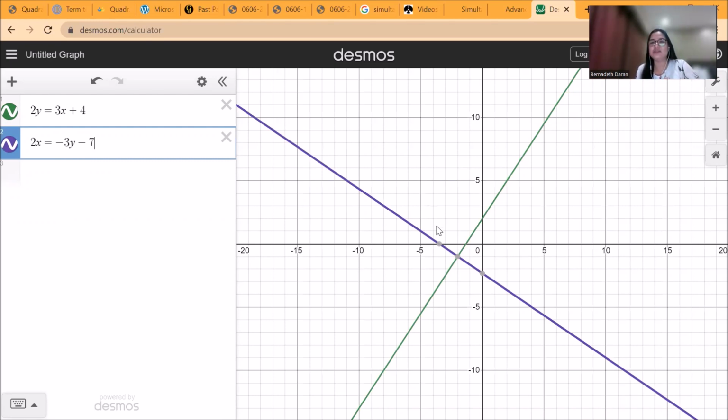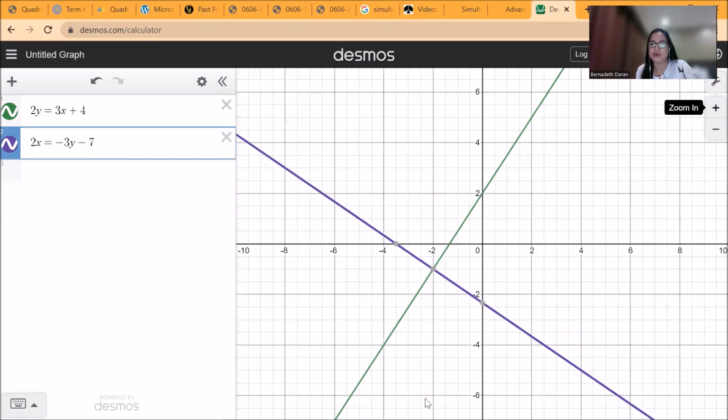And if you notice, the x-intercept is negative 3.50 and the y-intercept is 0, negative 2.333. But what is this one? Okay, this point is where the two equations intersect. Remember, the green one is 2y is equal to 3x plus 4, and the blue one is 2x is equal to negative 3y minus 7.